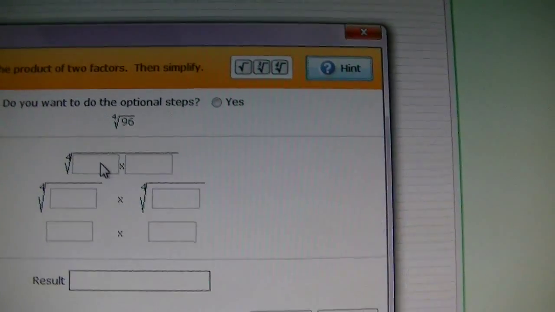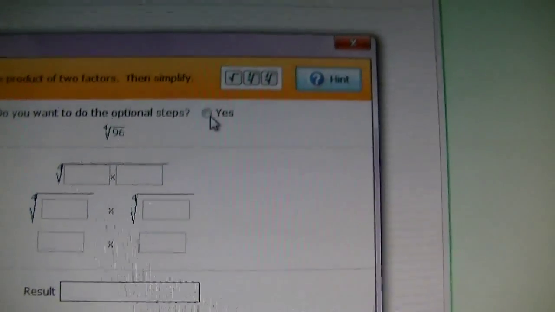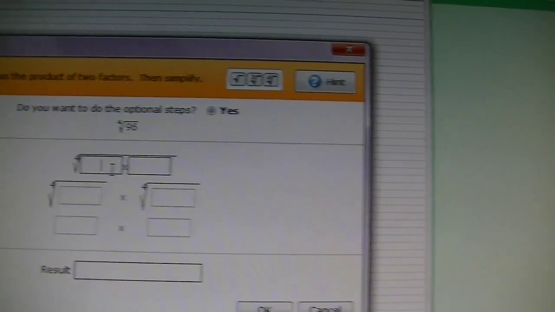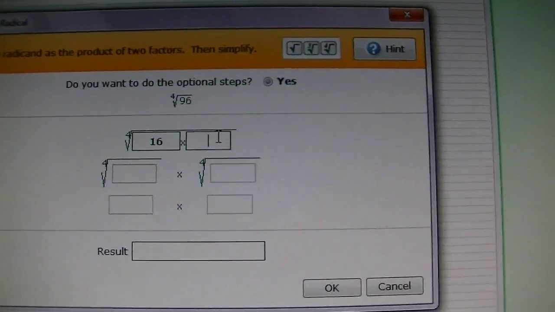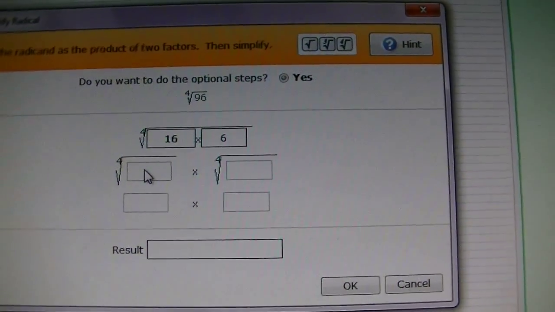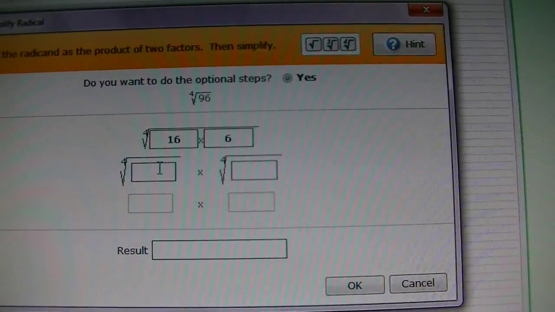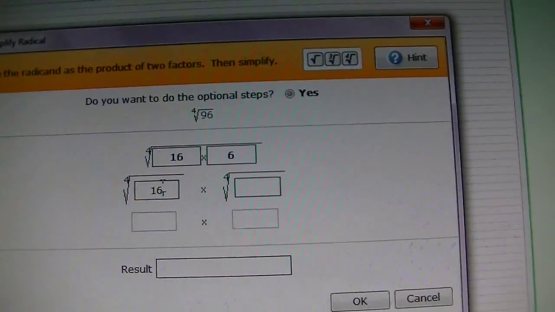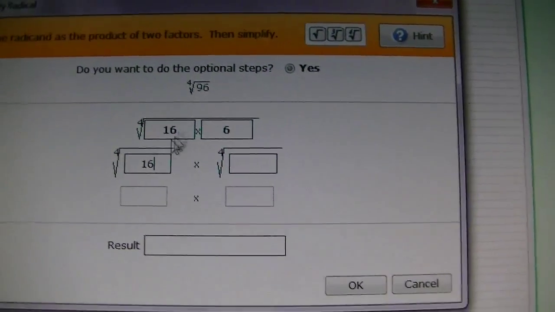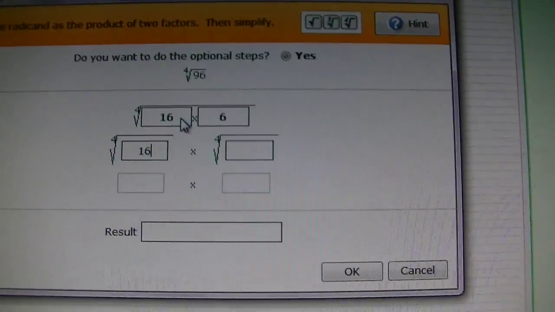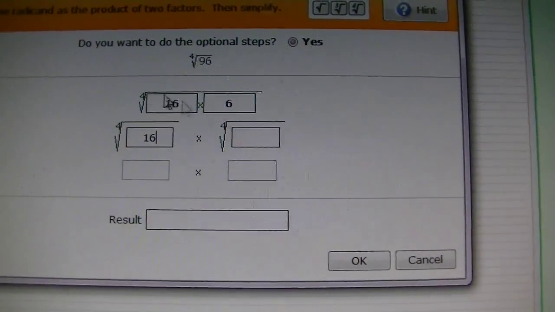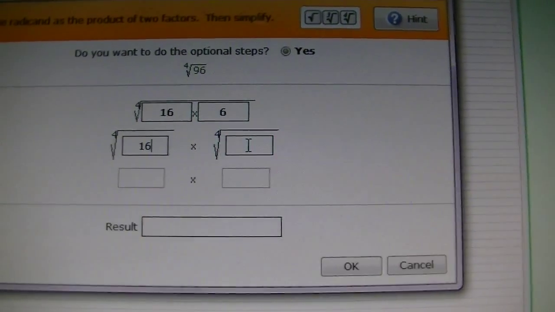Okay, so that's a good one to try. So let us try. I need to check yes. 16 and 6. Okay, and then again we're going to split them. So what they're trying to show us there is you can take individually the fourth root of each one, or you can multiply them together and it's equivalent.